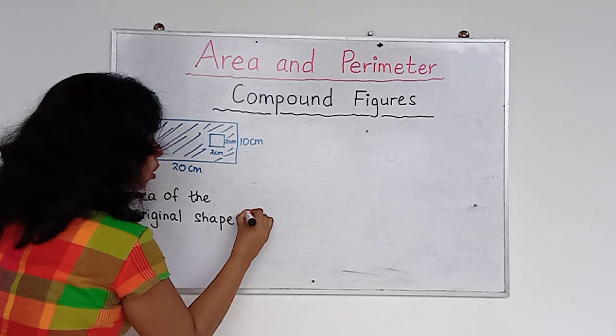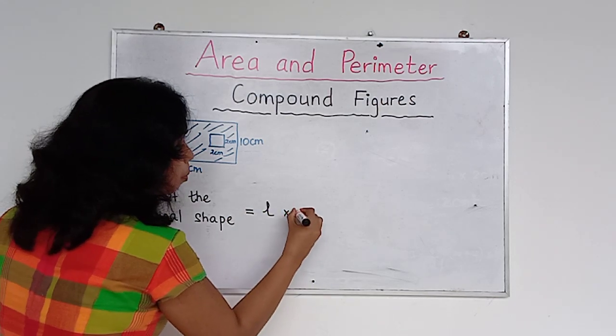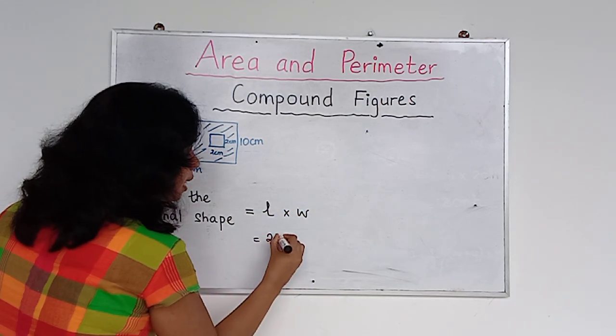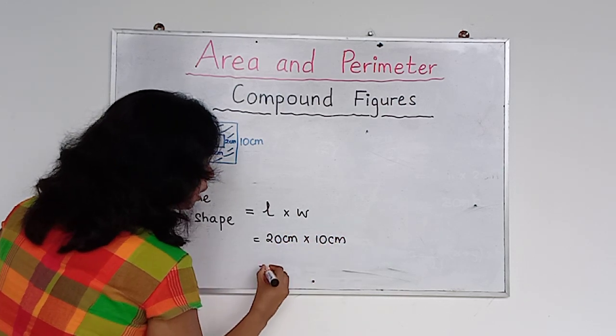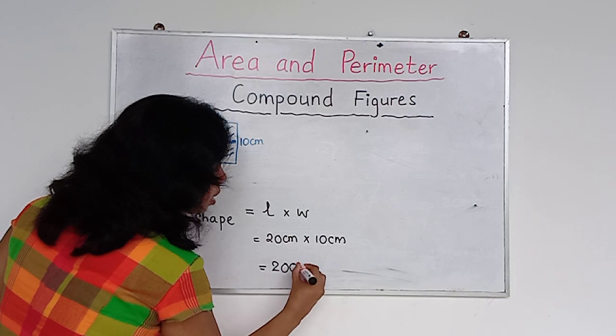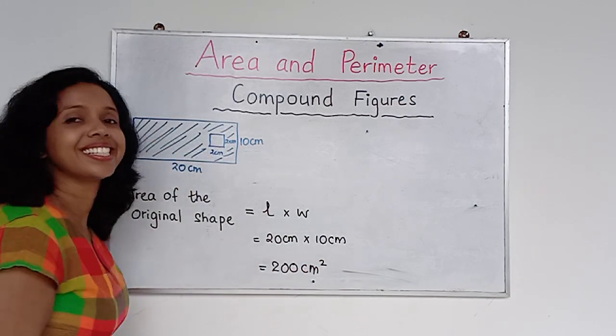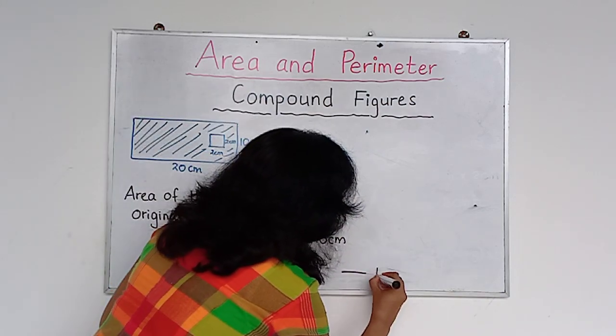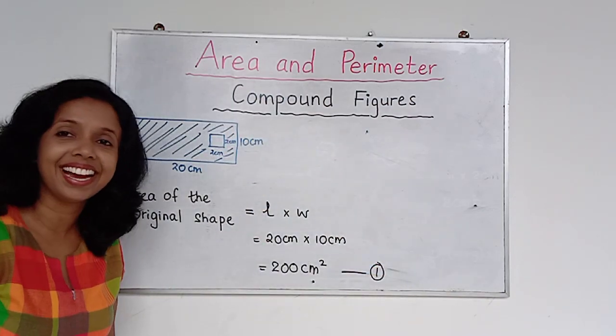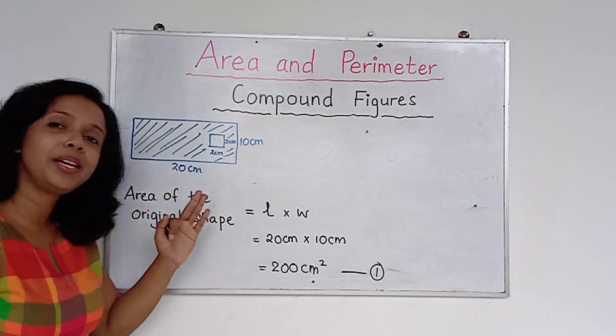What is the area of the original shape? It is length times width, or else 20 centimeters times 10 centimeters. It is 200 square centimeters. Right? Now you know the pattern. What should I do? I want to mark this as number 1. Right? Then what will be the next step?